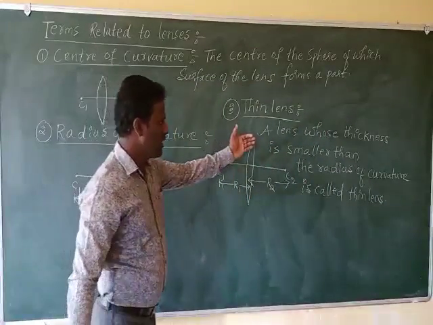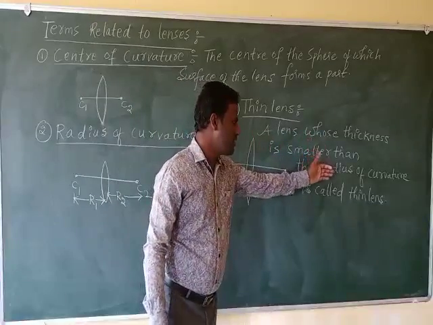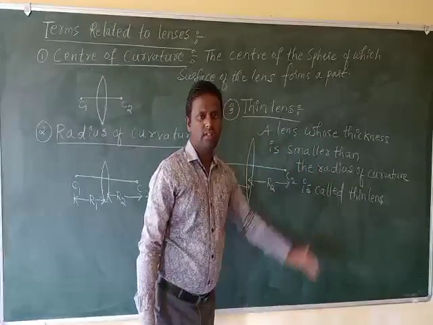A lens whose thickness is smaller than the radius of curvature is called a thin lens.